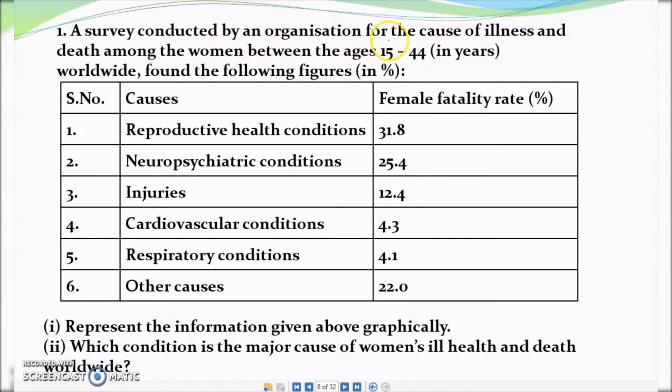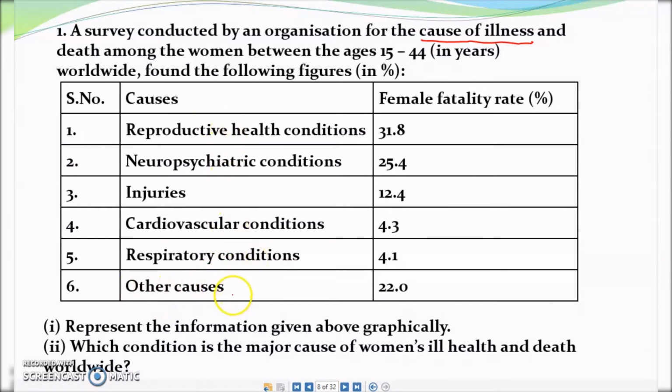So a survey was conducted to understand what is the cause of illness among women. They have studied 6 causes. First is reproductive health conditions, second is neuropsychiatric conditions, injuries, then cardiovascular conditions, respiratory conditions, and other causes.